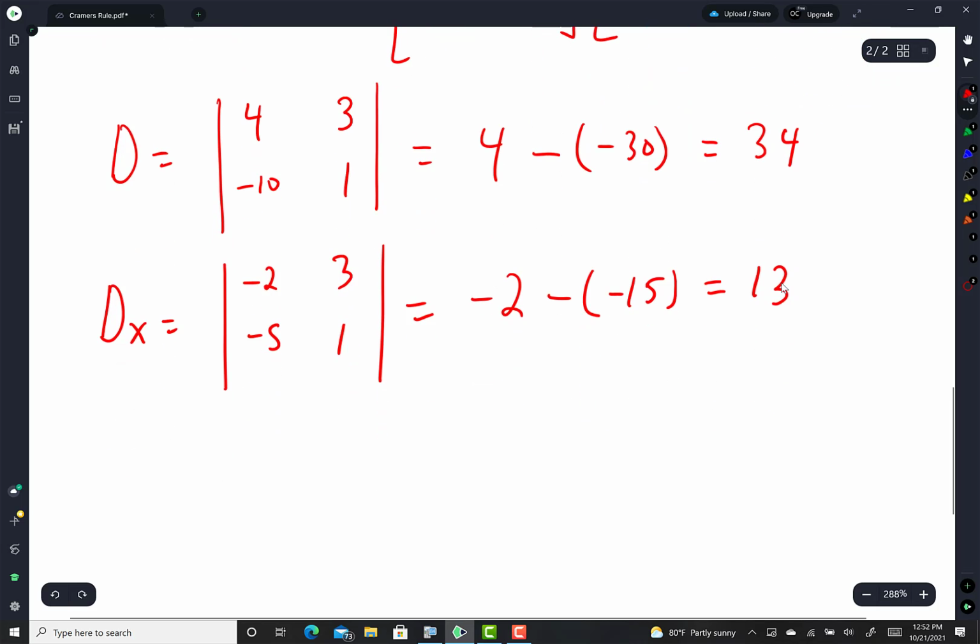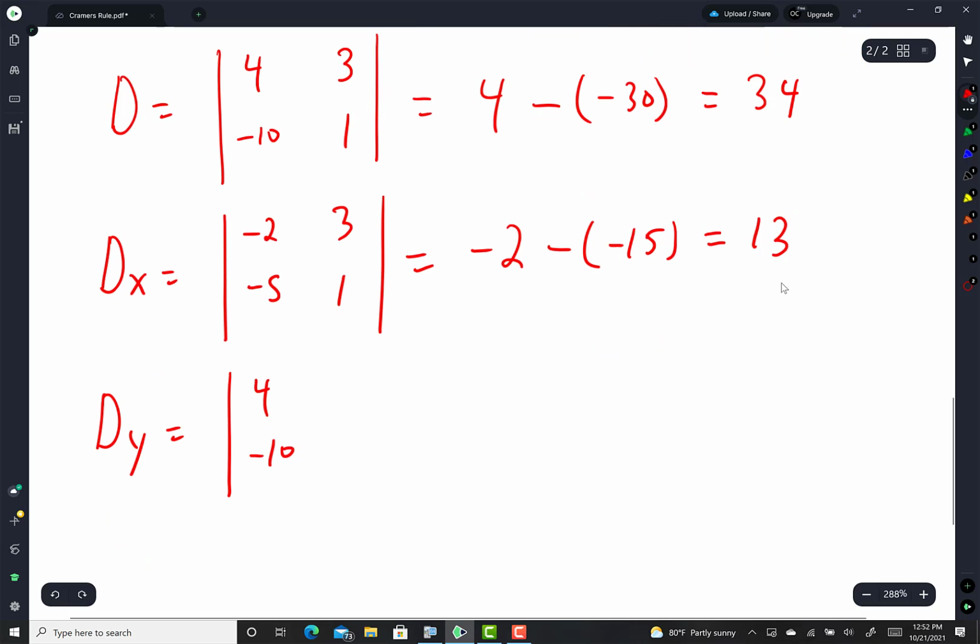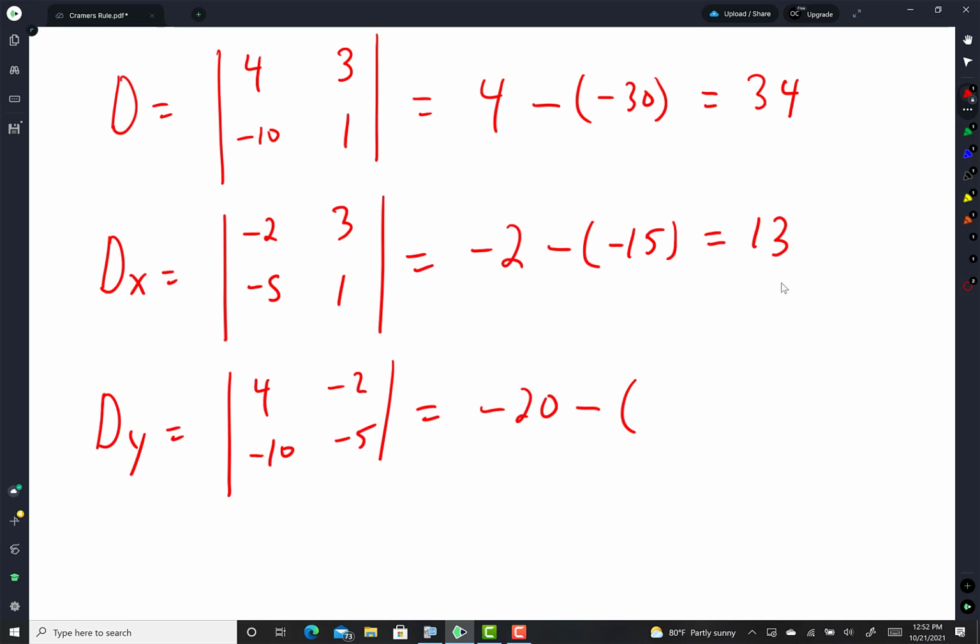And now I need determinant Y. So leave the X column alone, -10 and -2, -5. So let's see, -10 times -2 is a positive 20. So -20 minus 20 is -40.